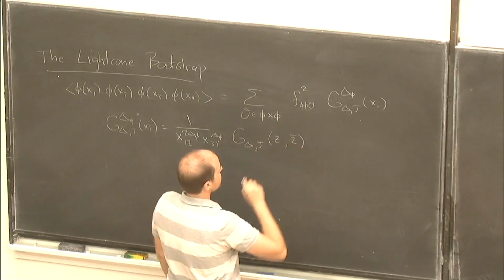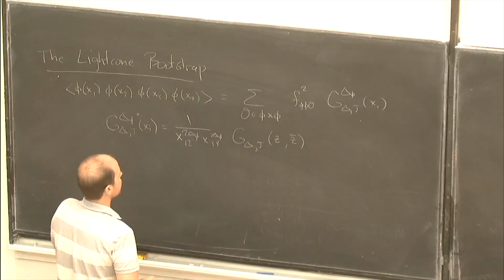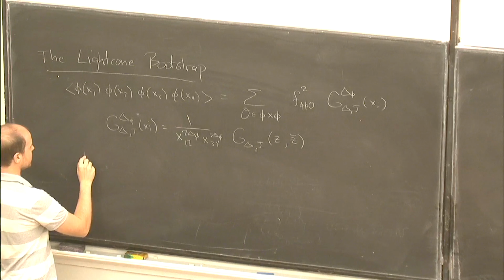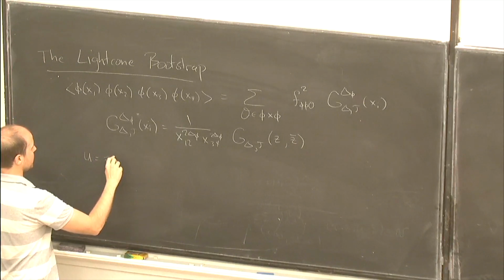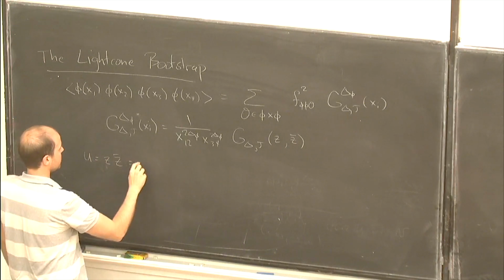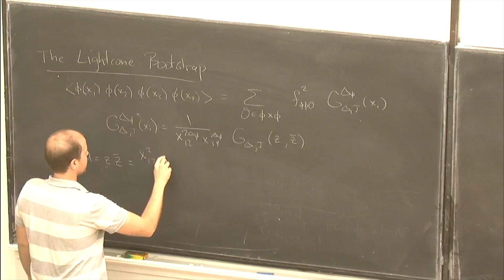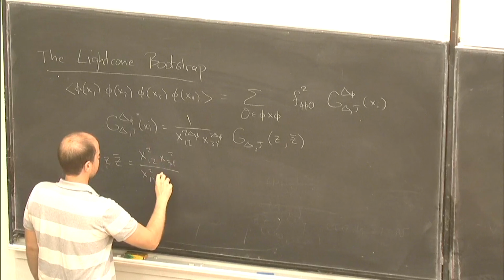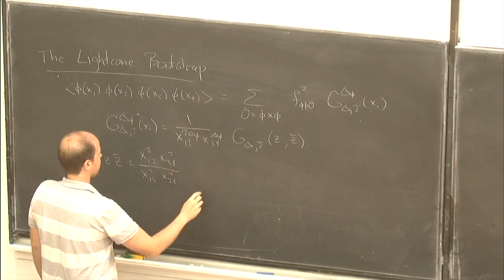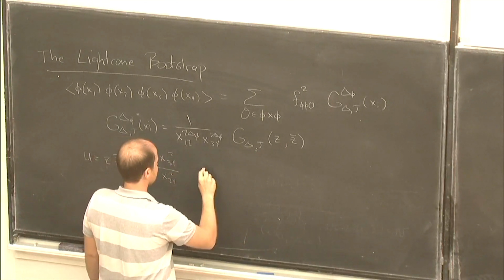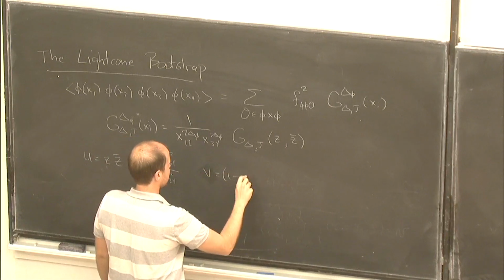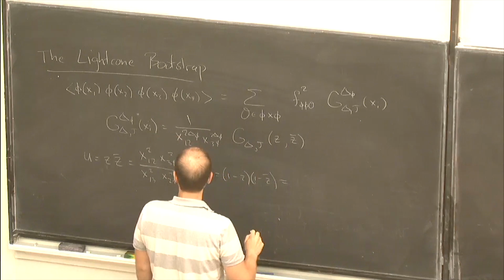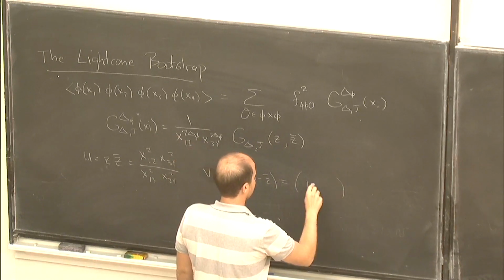These cross ratios were already defined in Dolly Mill's lecture, but in every bootstrap lecture, you have to write these equations. So the cross ratios are defined by z z bar is equal to x12 squared x34 squared over x13 squared x24 squared, and 1 minus z bar is the same thing with 1 and 3 swapped.